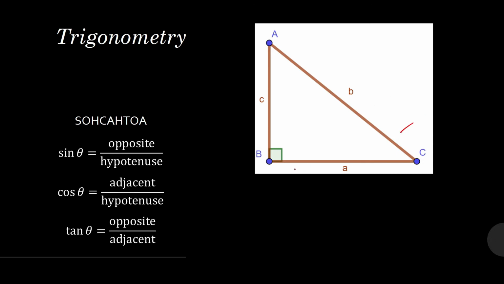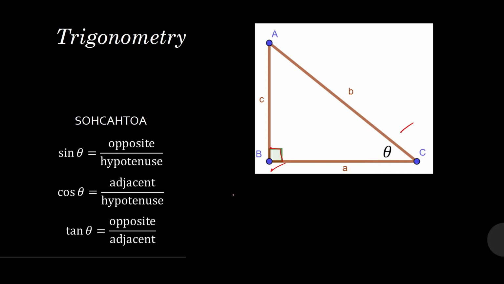Pay attention to how we label the angle of a right triangle. This one means this is a right angle. A right triangle is a triangle that contains a right angle, and in this case, the right angle is angle B. So how did we define sine, cosine, and tangent?